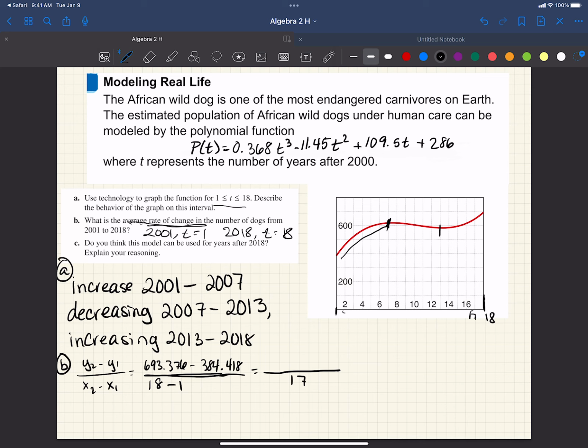I'll do the math. 693.376 minus 384.418 gives me 308.958.